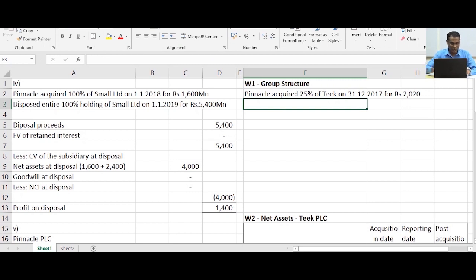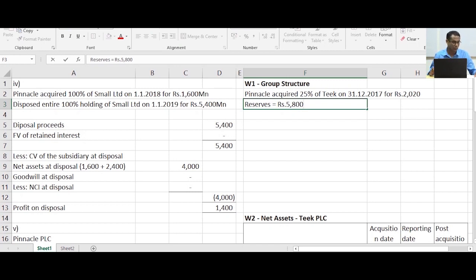Reserves mainly mean Teak PLC's retained earnings. What is mentioned in the balance sheet as reserves, I'll take the same word. Reserves were at that date 5,800. Then the fair value of the identifiable net assets of Teak PLC on that date was 7,400.